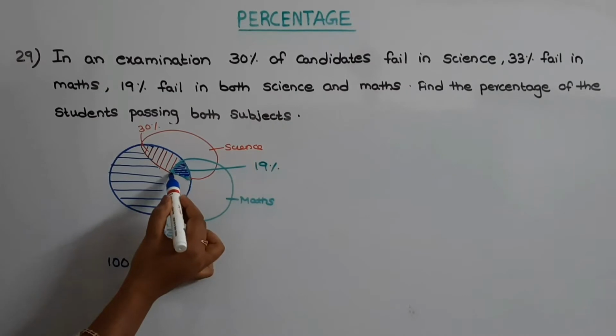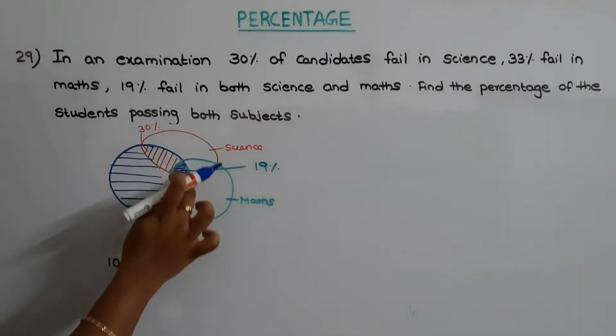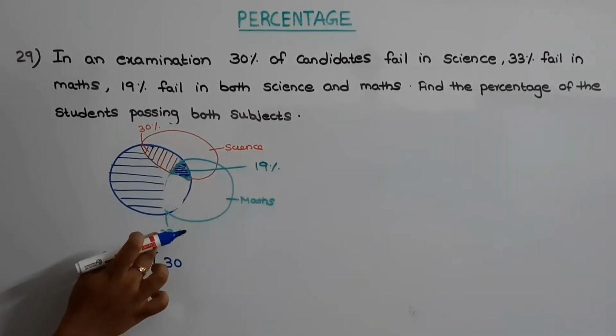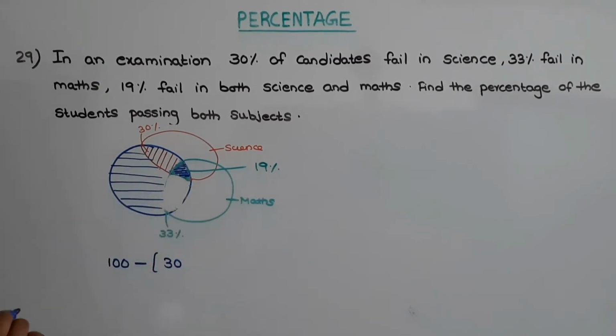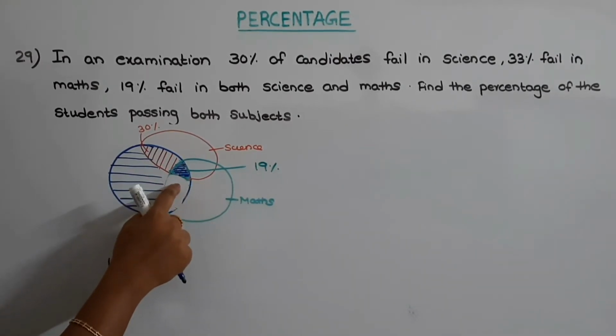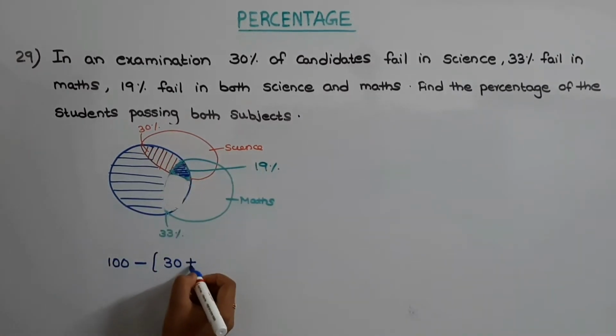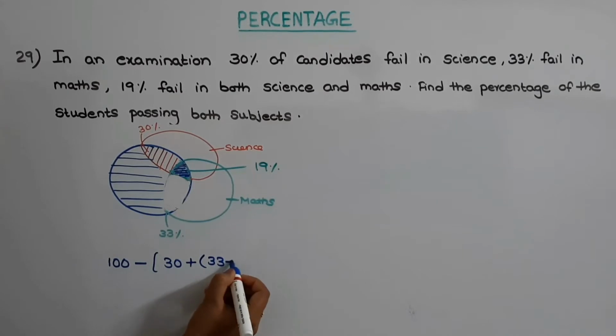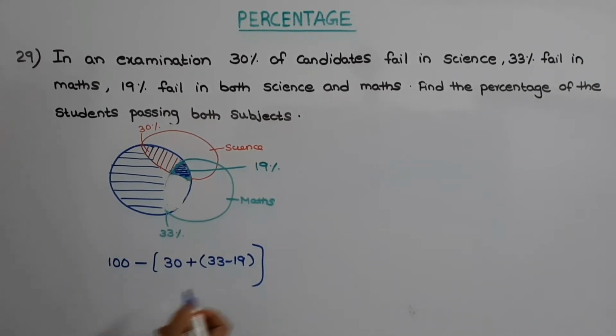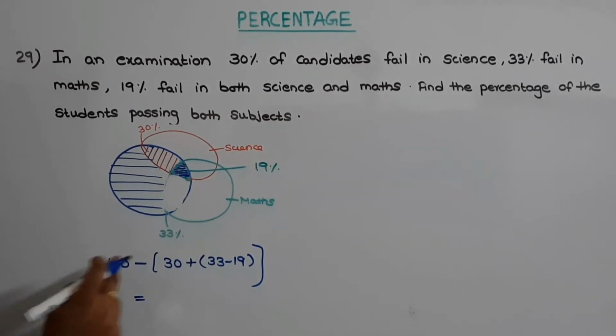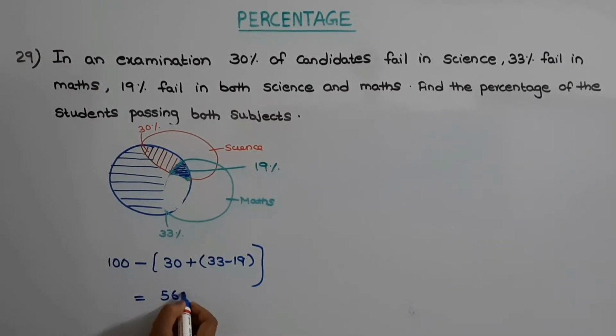The entire green portion is 33% and this part is 19%, so this will be 33 minus 19. On solving this, you will get 56%. So we can say that 56% of the students passed both the subjects. This is the answer.